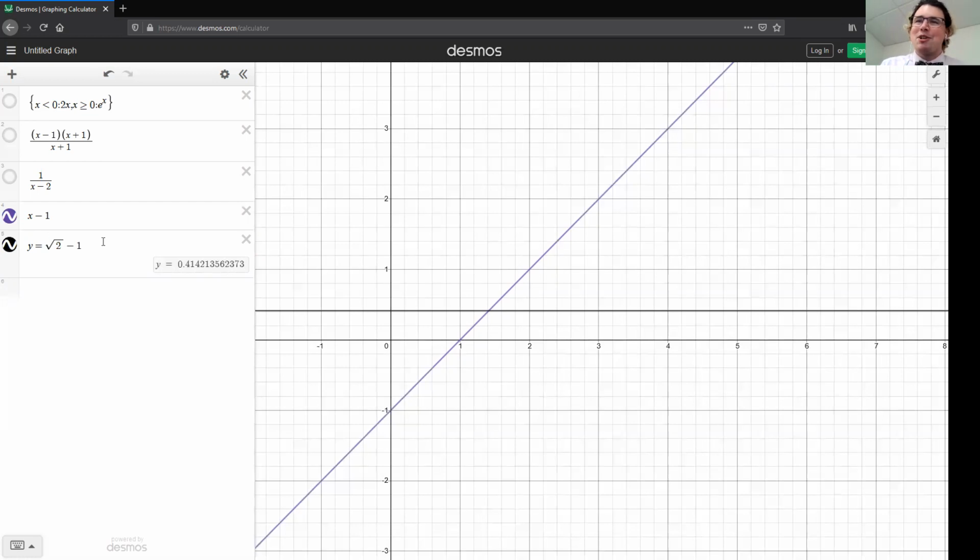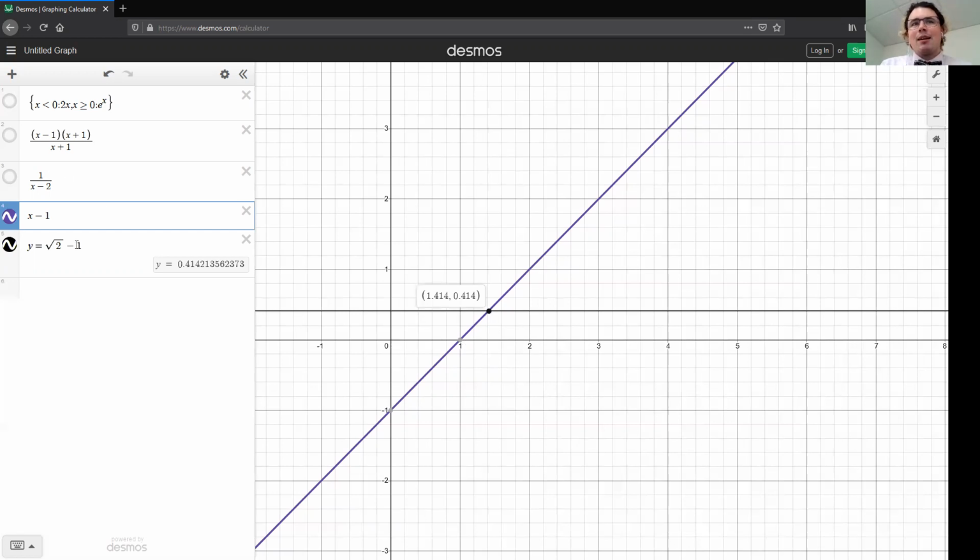Because the square root of 2 minus 1 is between my two y coordinates, there must be some x coordinate where the graph of my function in purple hits exactly the y coordinate that I want. And it's in between 1 and 2. So I can just find that on my picture.